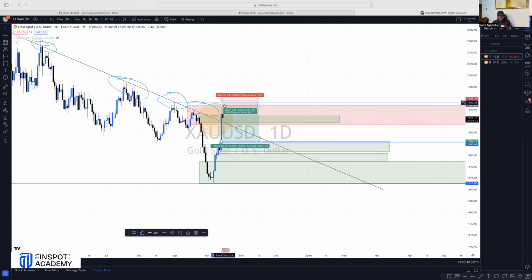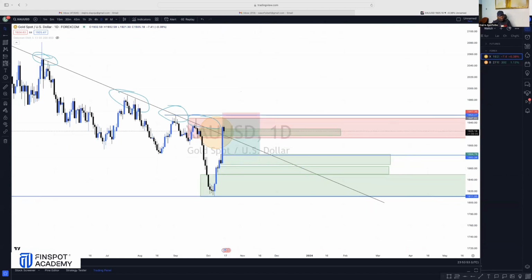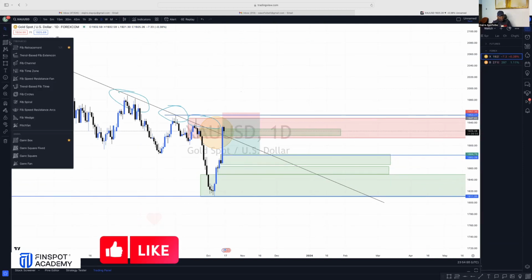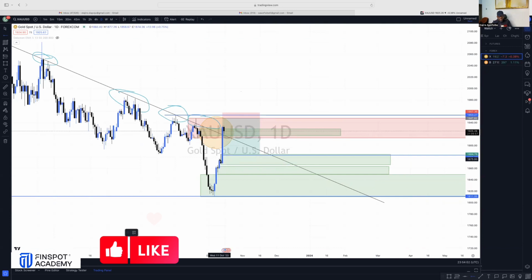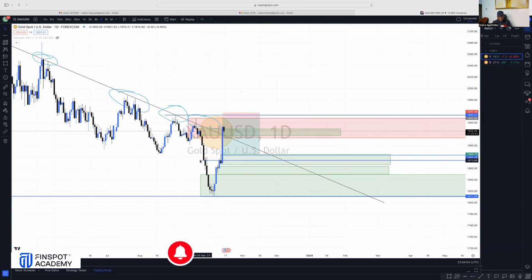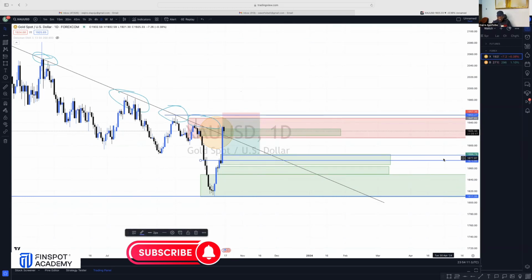Now, if price does not get to that area, my first attempt would be for a buy, at the middle of this bearish order block. So this is what I'm going to be doing. I'm going to be marking the middle of this order block. I'm going to be ensuring that my first attempt at a buy is going to be at around 1873.